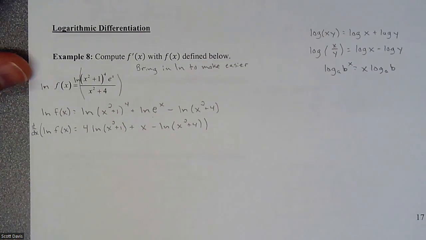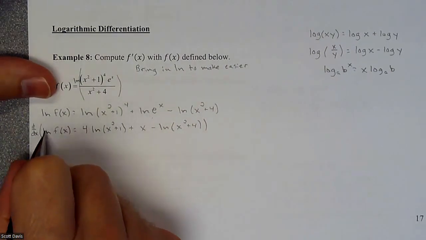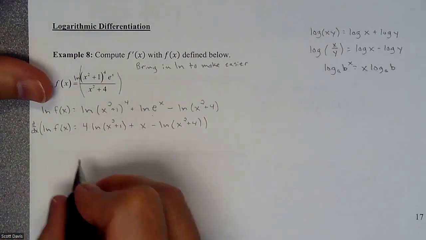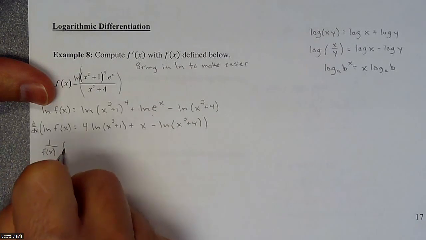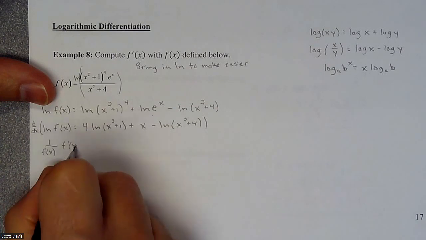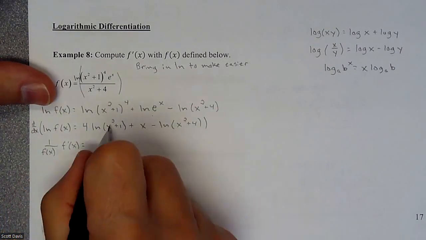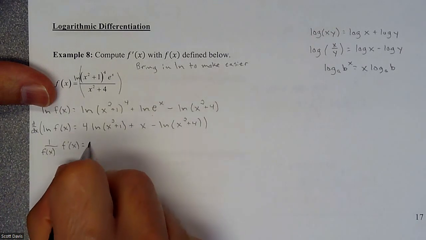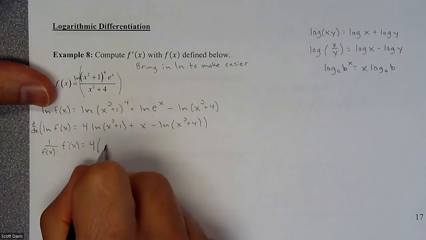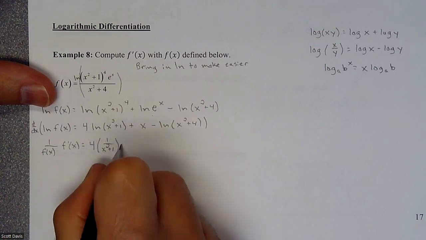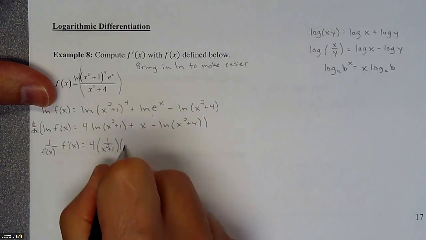Okay, so now we're ready to go. So to do the derivative of this is actually not as bad as it looks. Doing the derivative of ln f of x is 1 over f of x times the derivative. It's the chain rule. All right, if I do the derivative of this, I get 4 times the derivative of the natural log, which is 1 over x squared plus 1 times the derivative of the inside.